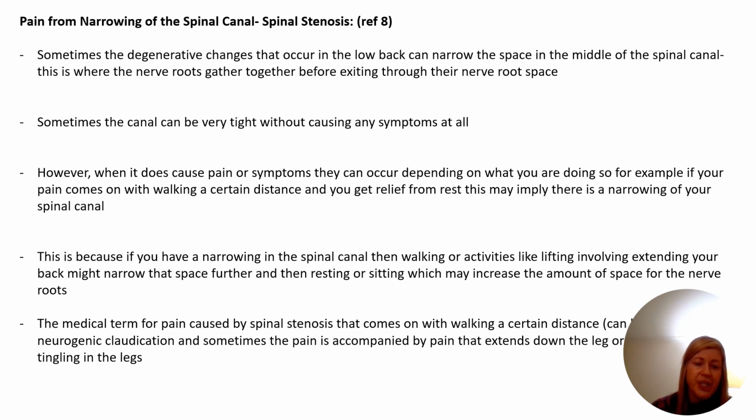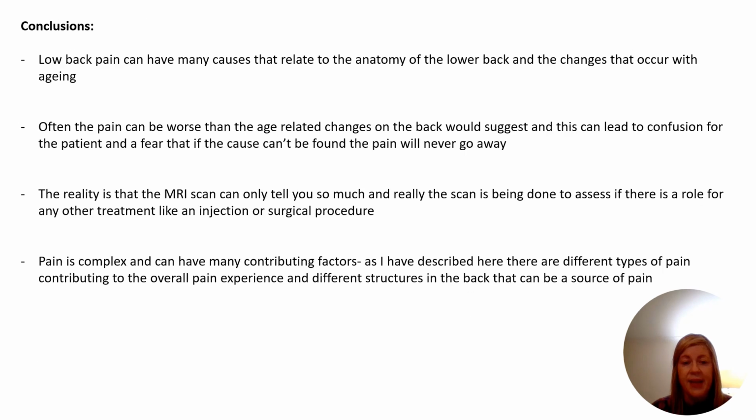The medical term that is given to pain that is caused by spinal stenosis on walking a certain distance that can actually be variable is called neurogenic claudication, and sometimes the pain is accompanied by pain that will also extend down the legs.